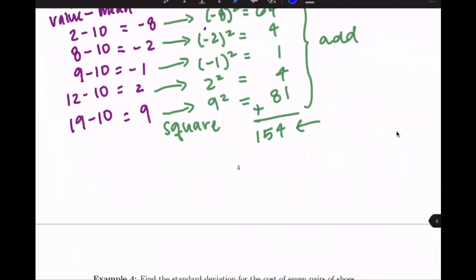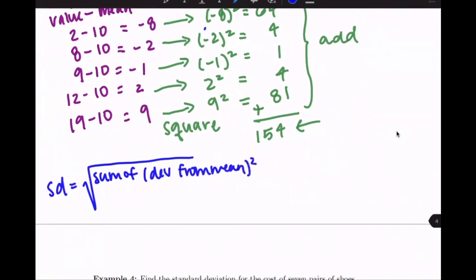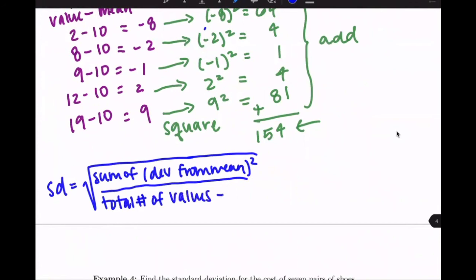Standard deviation is equal to the square root of the sum of the deviations from the mean squared divided by total number of values minus 1. So that means we have standard deviation is equal to the square root of 154 divided by 5 minus 1, which is the square root of 38.5.